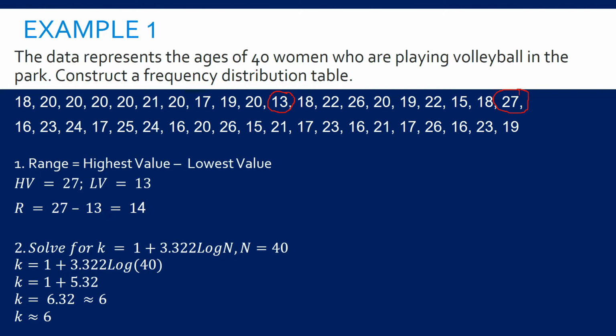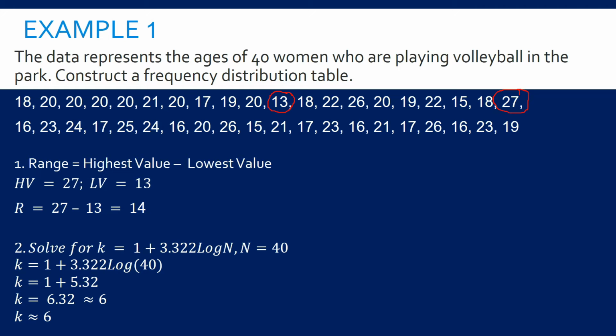The second step is to solve for k, wherein the formula is 1 plus 3.322 log of n, and the value of our n is 40 because we have 40 data. So I substituted n with 40. So k is equal to 1 plus 3.322 log of 40.